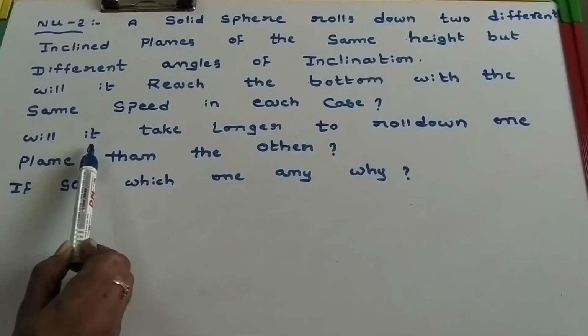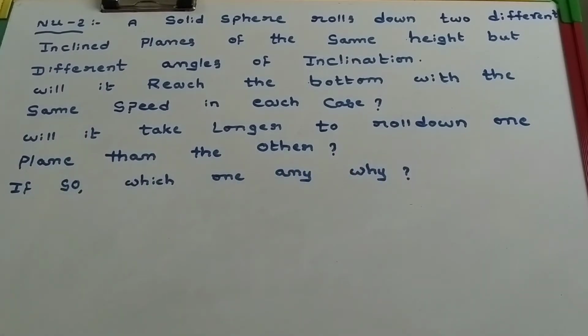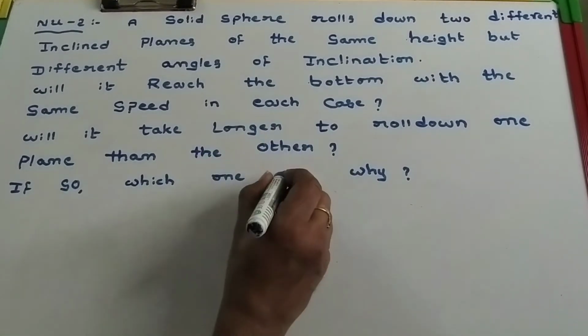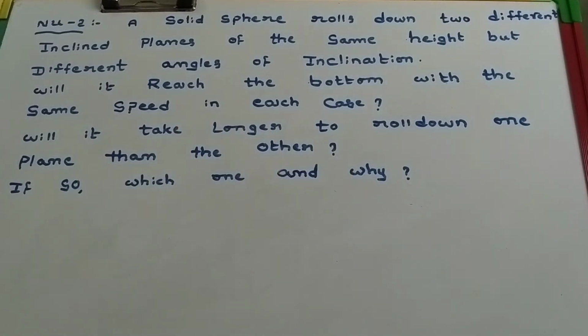Next, will it take longer to roll down one plane than the other? If so, which one and why? This is the question. Now go for the answer. Now see, we are going to discuss the solution.